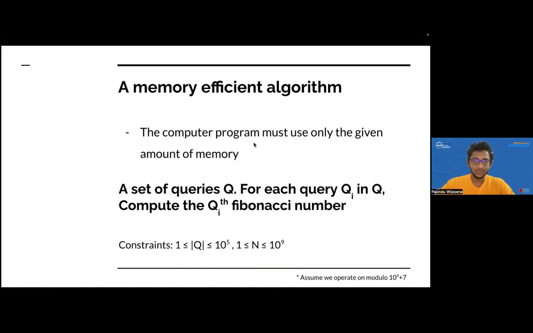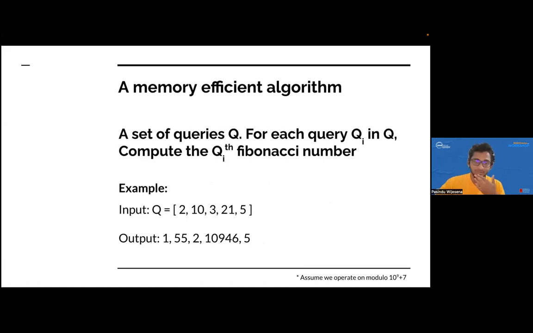And so what our friend proposed was to do it for each QI. So a simple program would be like, you're going to write that initial pseudocode into a function that gives out the Fibonacci number when you give it the n as a parameter. And then in a loop, you feed in each QI.